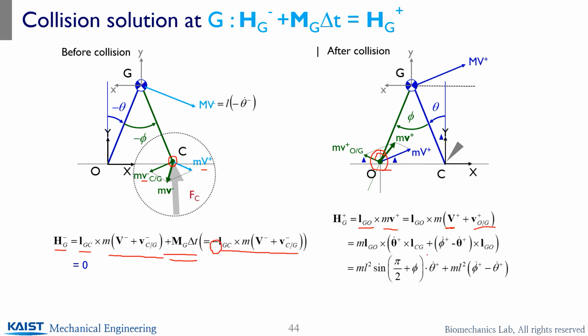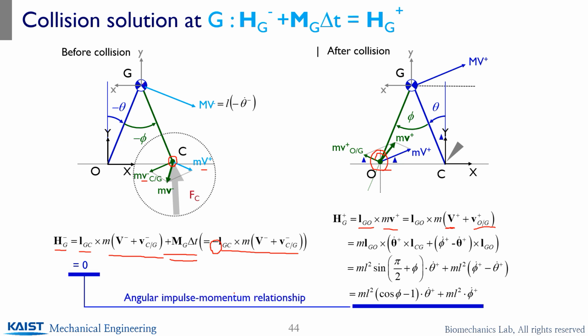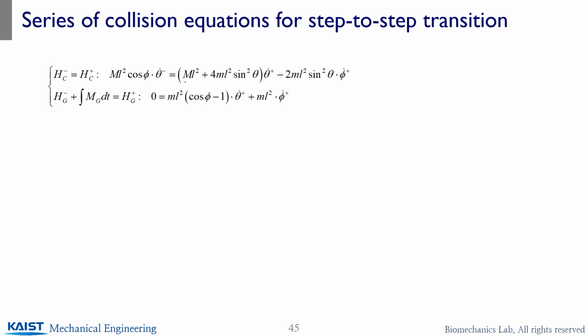If you formulate them and calculate the cross product in sine and cosine, you get this relationship. For the angular impulse-momentum relationship with respect to G, you will have theta dot plus and phi dot plus, so you obtain another piece of information. Together with angular momentum conservation with respect to C and the angular impulse-momentum relationship with respect to G, what you have is this.